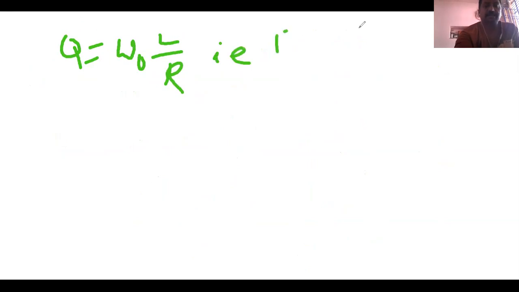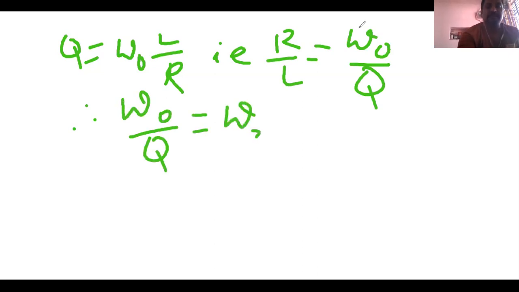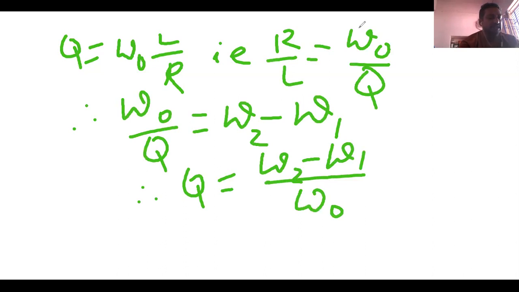Already we know that Q = ω0 L/R. So R/L = ω0/Q. We already know that R/L is the bandwidth. Therefore ω0/Q = bandwidth, ω2 − ω1.